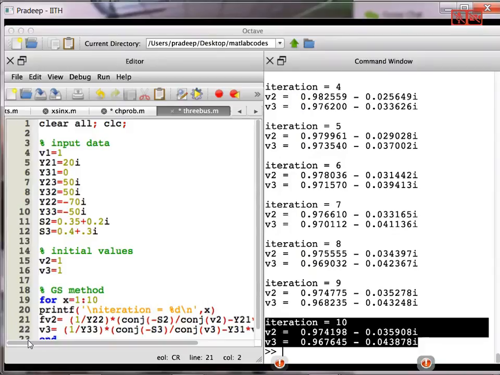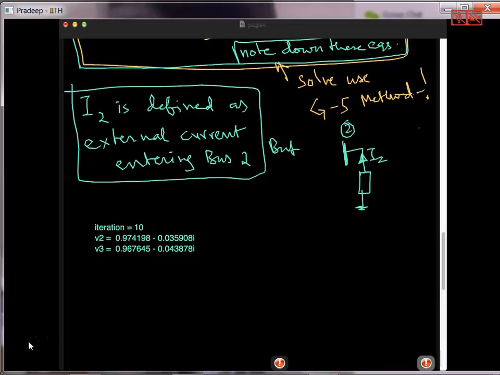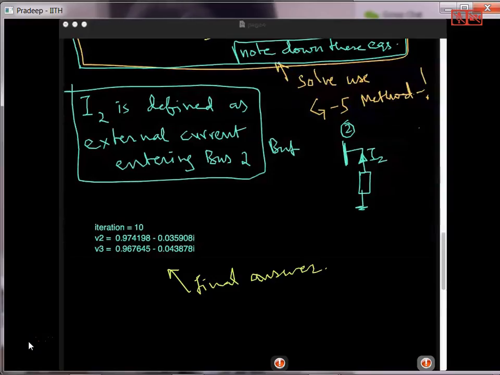Any doubts? I think in the end we rushed a little bit. So let me just paste the final answer. By the way, let's convert this into polar form. I'll do that here.